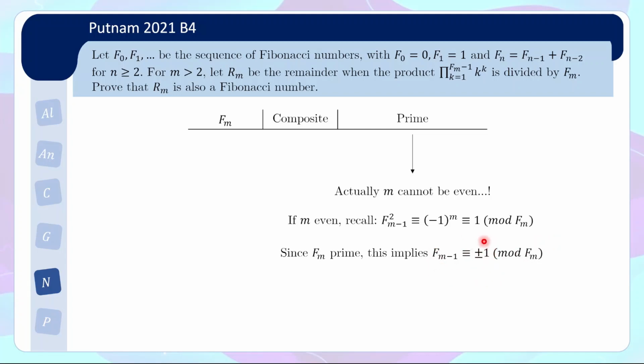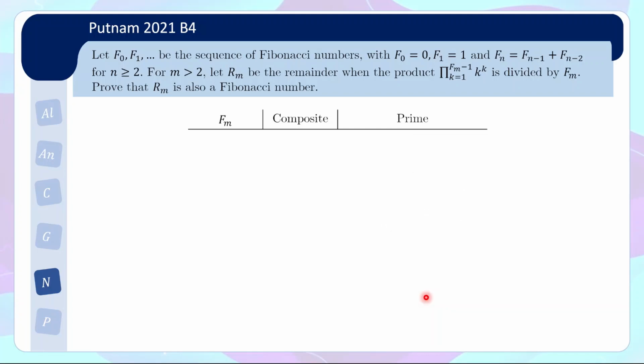So Fm minus 1 is either equal to 1 or Fm minus 1, because Fm minus 1 is smaller than Fm itself, so the congruence means it's either 1 or directly Fm minus 1. You can check that this cannot be the case for m bigger than 5. There's no way a Fibonacci number is either 1 or just 1 smaller than the next one. So this is a contradiction, and we know that m must therefore be an odd number.